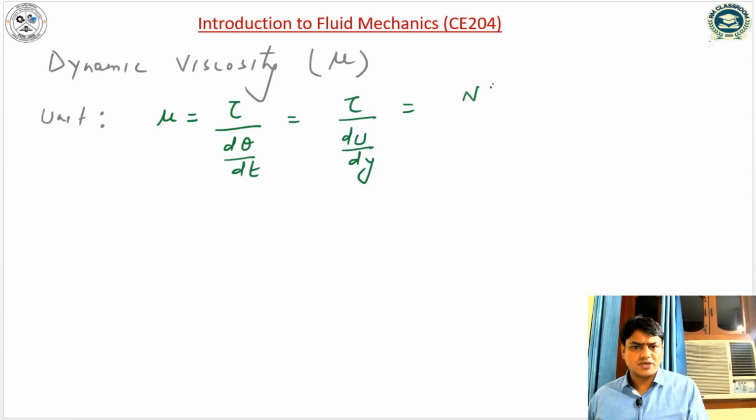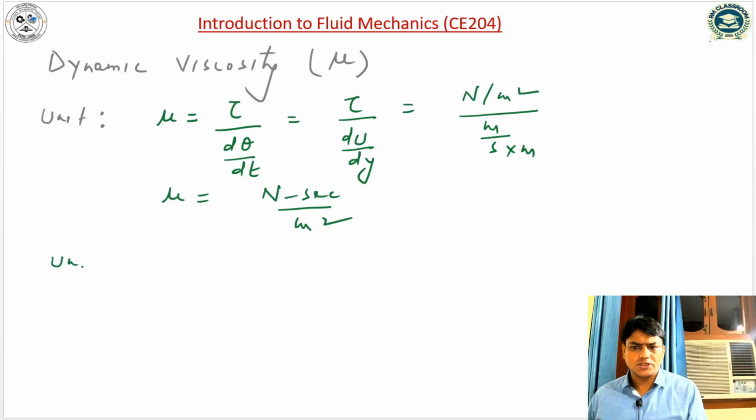So the Newton per meter square divided by meter per second into meter. So mu is equal to Newton second per meter square.